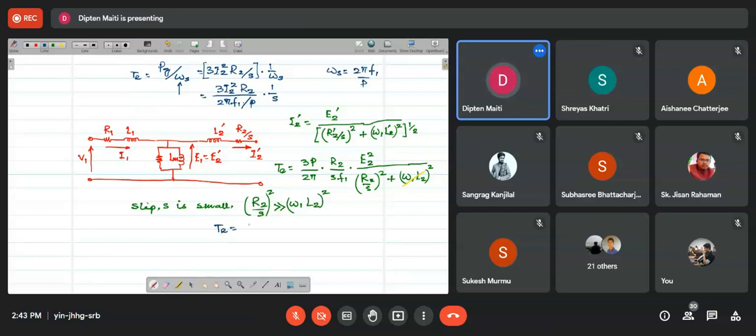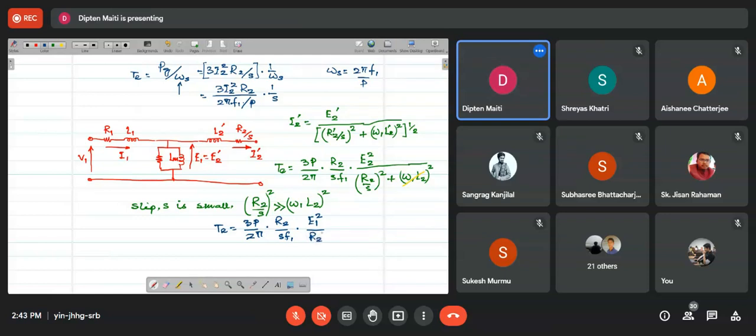electromagnetic torque becomes thrice P by twice pi, because E2 squared referred and U1 squared are the same, so we can write this way also.